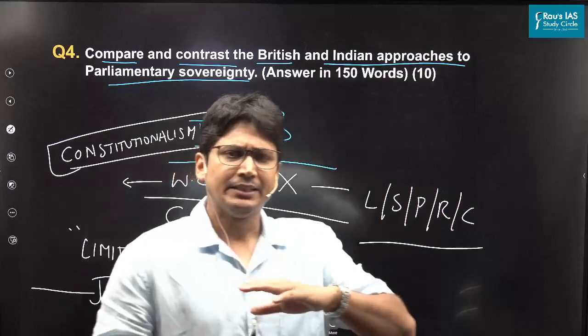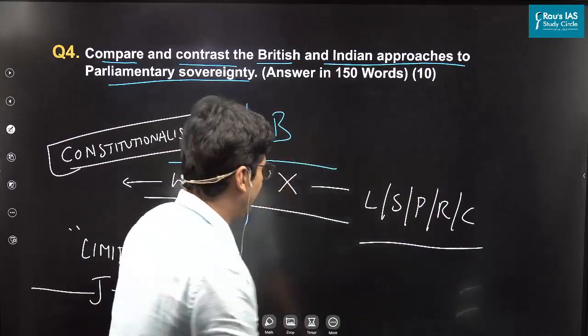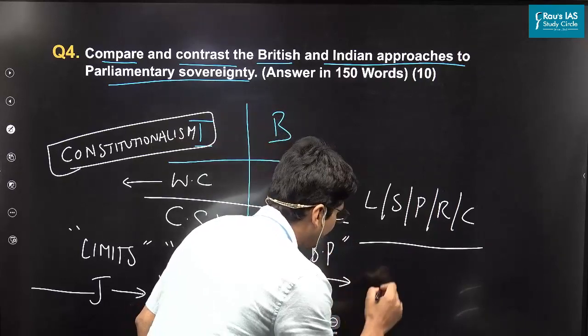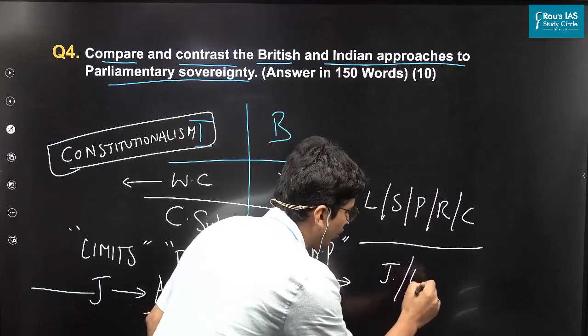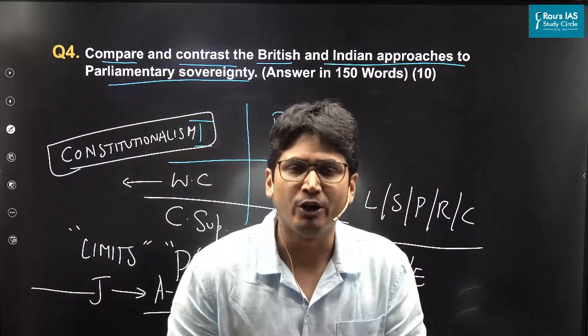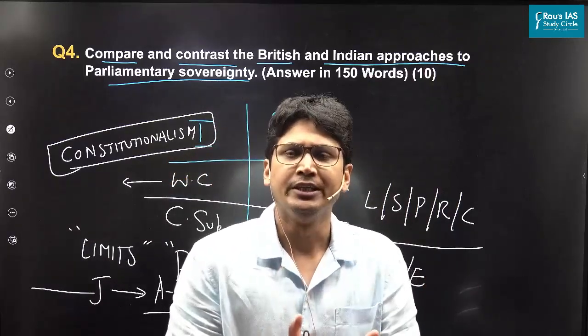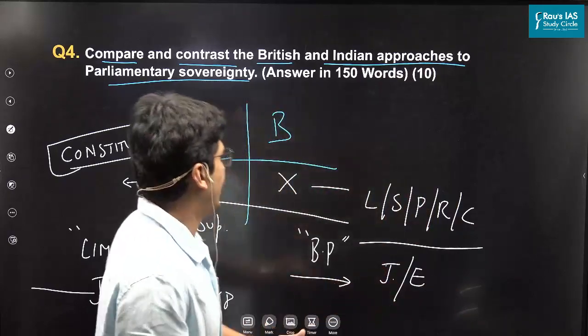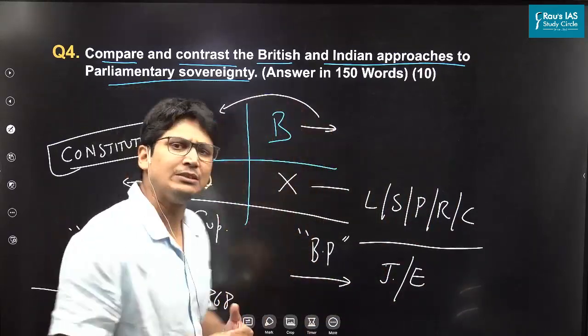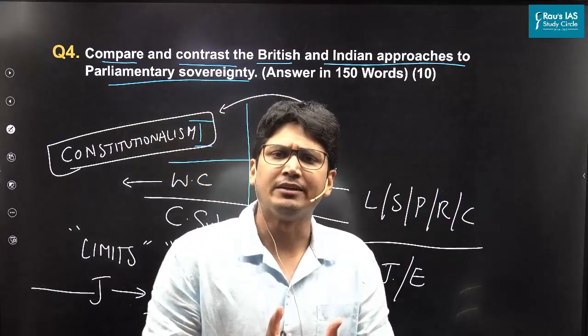Any enactment passed by the British Parliament cannot be reviewed either by the judiciary or by the executive. This is exactly the meaning of parliamentary sovereignty. So, parliamentary sovereignty as it is practiced in Britain, we do not follow in a similar manner.